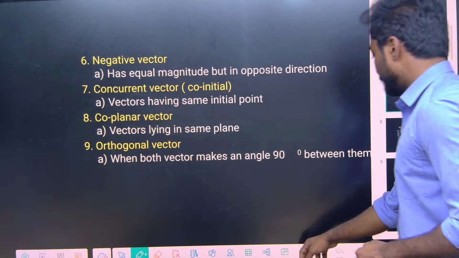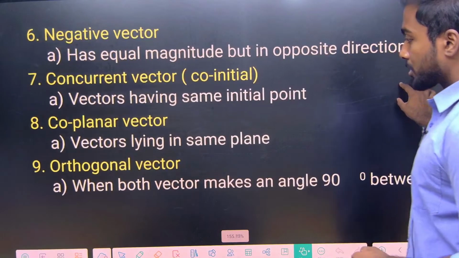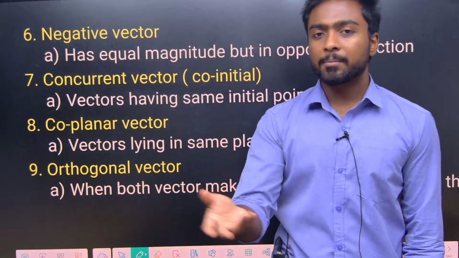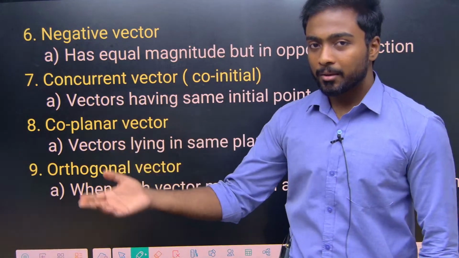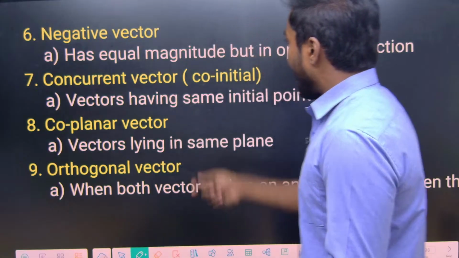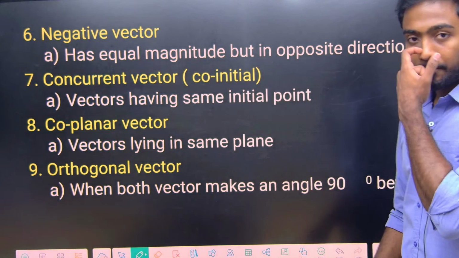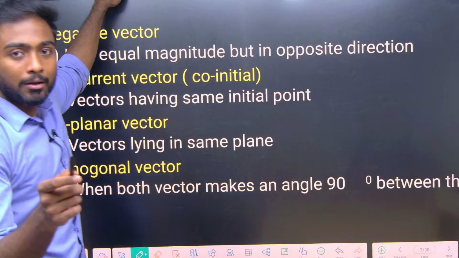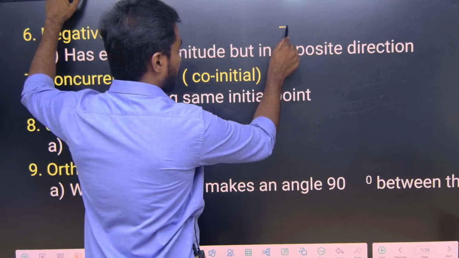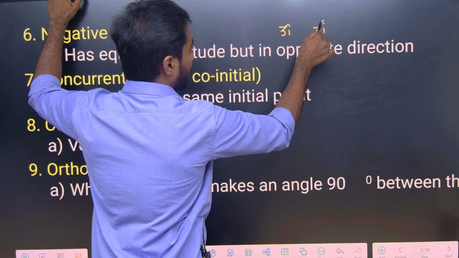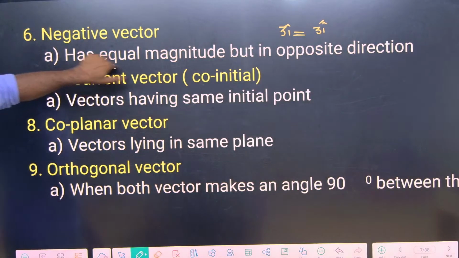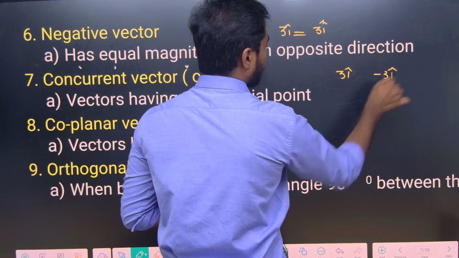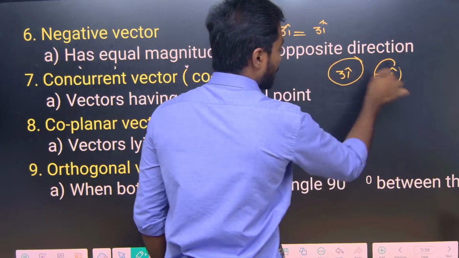The next one is the negative vector. Sir, we did not see a positive vector, so why a negative vector? Normally we write vectors as i cap, j cap, k cap, but minus i, minus j, minus k are negative vectors, with equal magnitude but in the opposite direction. Where does this connect to equal vectors? Here they are saying equal magnitude but opposite direction, which means 3 i cap and minus 3 i cap.